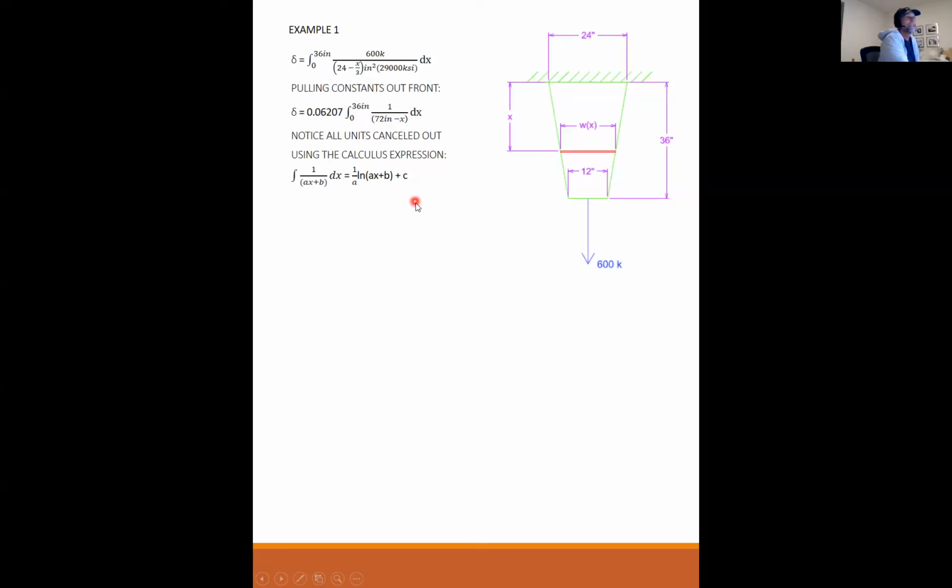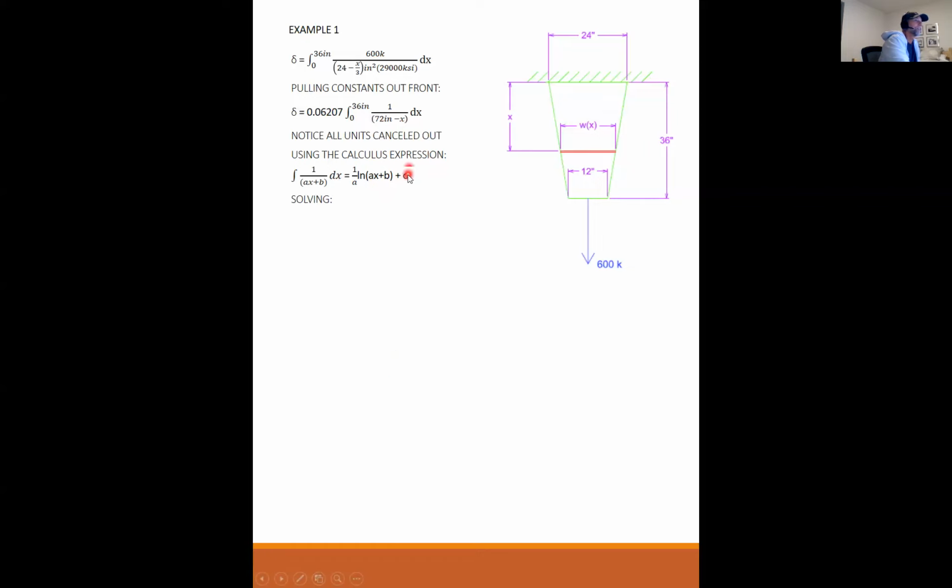The really old school way of solving this is to recognize that the form of this integrand matches a calculus expression. So 1 over ax plus b, here 1 over minus x plus 72, matches this form. So the solution is going to be in the form of 1 over a times the natural log of ax plus b, plus c.